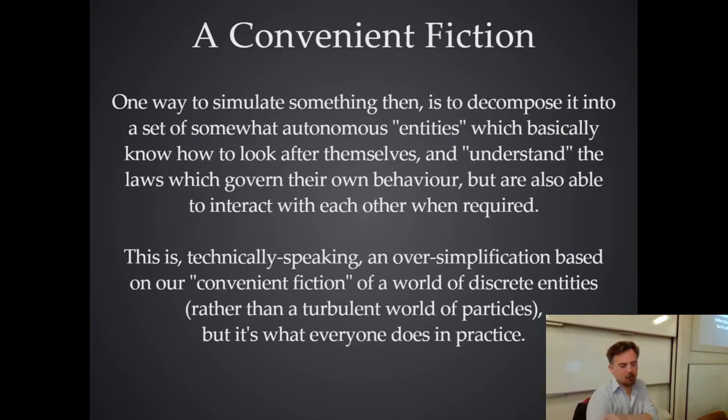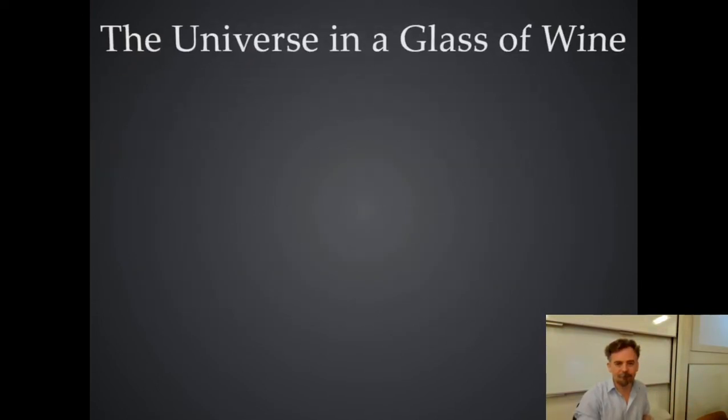So this is the somewhat fictional idea that the world actually is split up into separate objects, which is only true up to a point, but it's a convenient fiction that we work with, even though in reality, if you think about it at the atomic level, it's actually more complicated than that. What seem to us like separate objects are actually in flux with each other at the boundaries, technically.